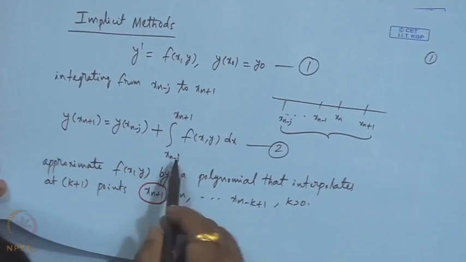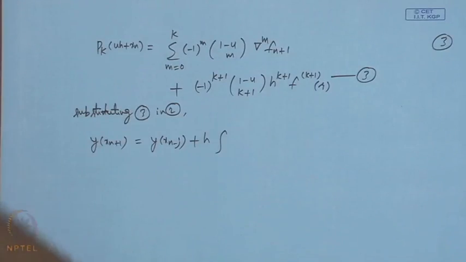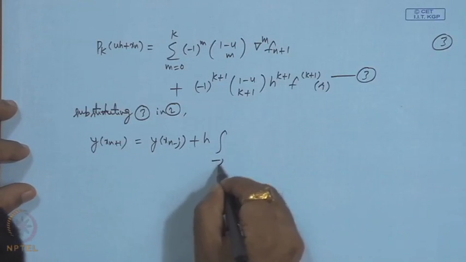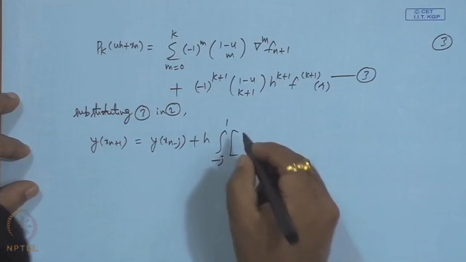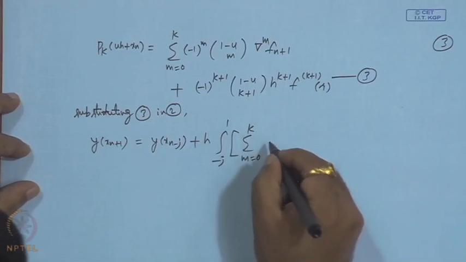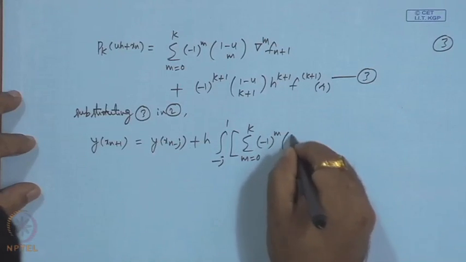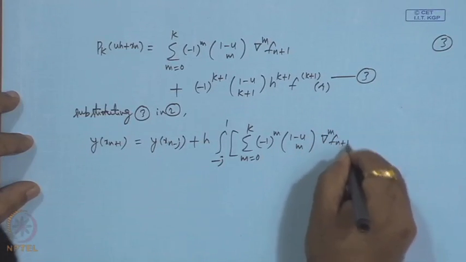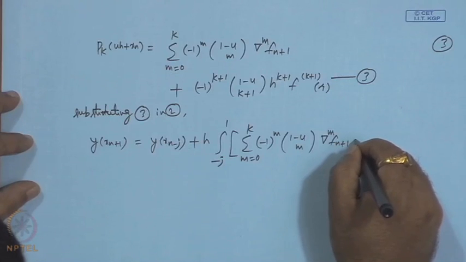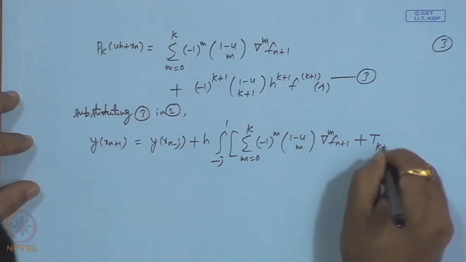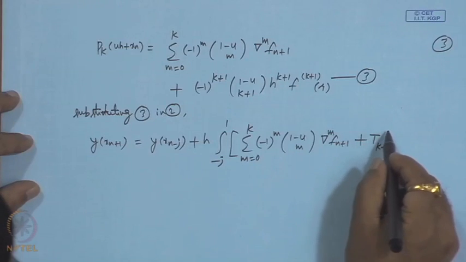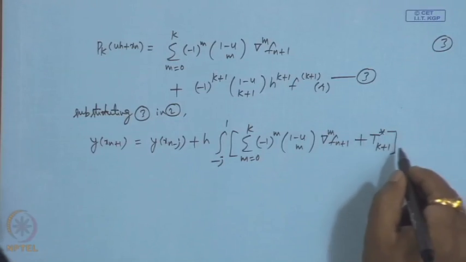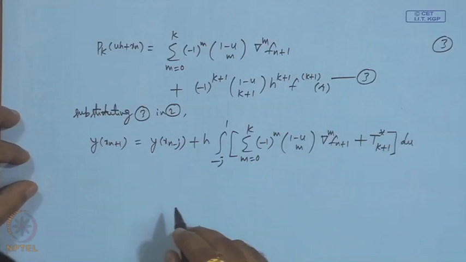So, accordingly when we use the change of variable x minus x n by h is u, we get a different limit, that is minus j to 1, plus the remainder term t k plus 1 star under the integral sign.